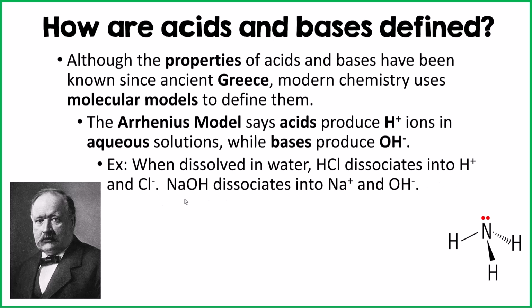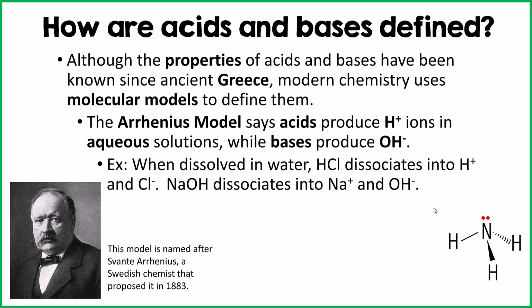NaOH, sodium hydroxide, dissociates into Na+ and OH-. So we would consider HCl to be an acid because it produces H+ ions. And we'd consider NaOH to be a base because it produces OH- ions when it's in an aqueous solution in water.